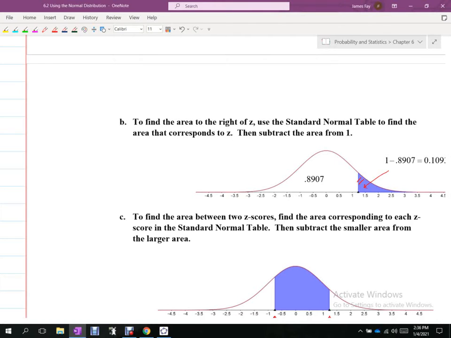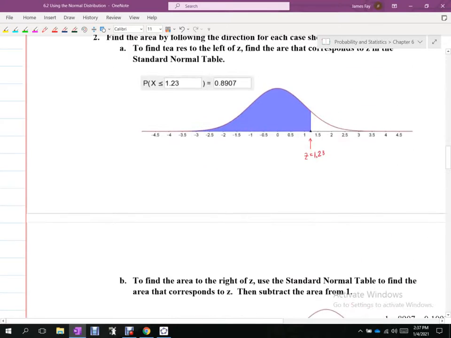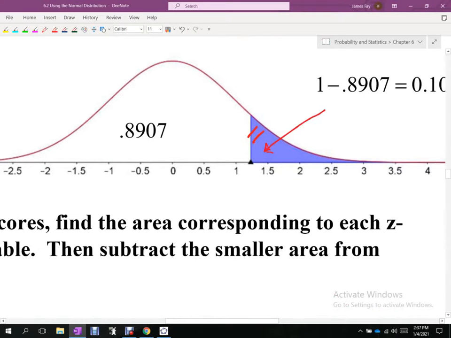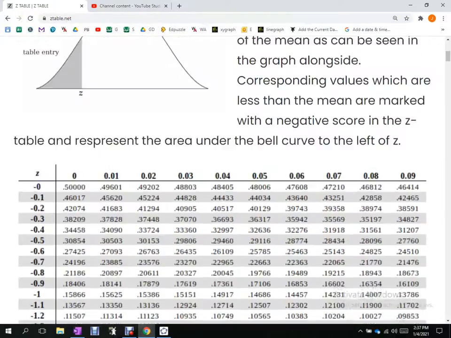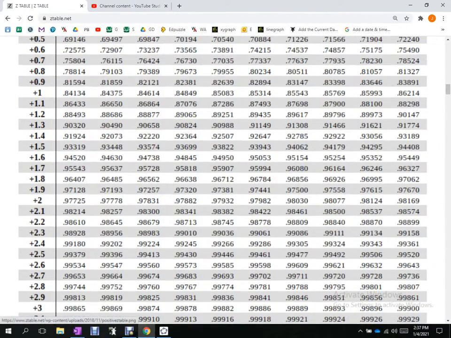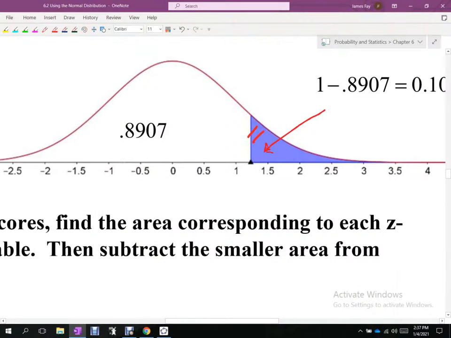Okay, so if I had a z-score of 1.23, you see that the chart is going to give me 0.8907 back. So again, 1.2, and then there's 0, 1, 2, 3, so 0.89065. So I've rounded that to 0.8907.